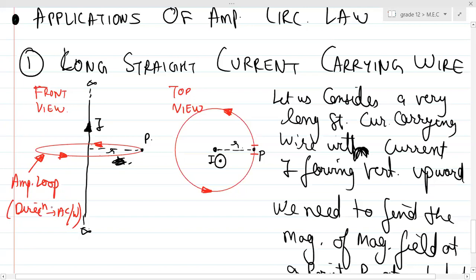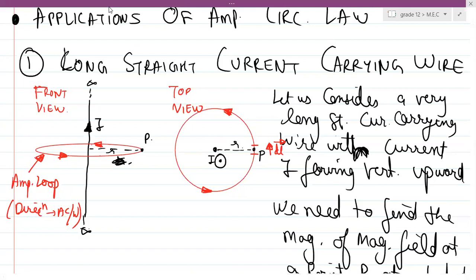So when I choose the direction of the loop as anti-clockwise, will the dl vector be like this? Can you see from here to here? You will draw the tangent at point P. Yes or no? Yes, sir. So when we draw a tangent at point P, the dl vector will be pointing in this direction. Also, the magnetic field.